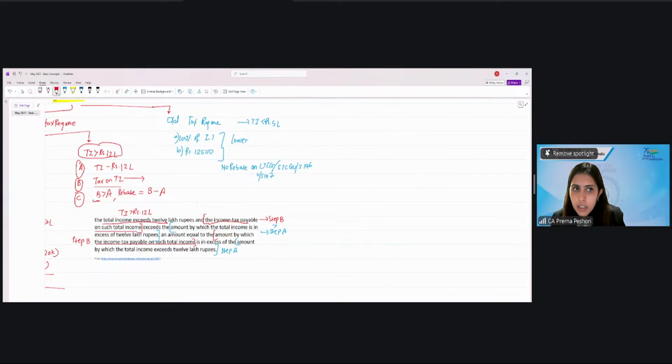So we are writing here this B exceeds the amount by which the total income is in excess of 12 lakh rupees. Total income in excess of 12 lakh is A, right? So B exceeds A. When B exceeds A, have you followed till here?